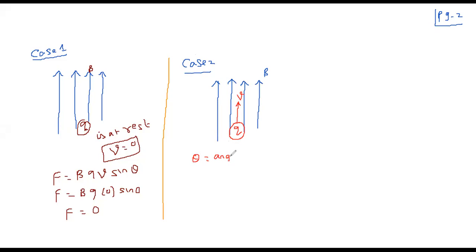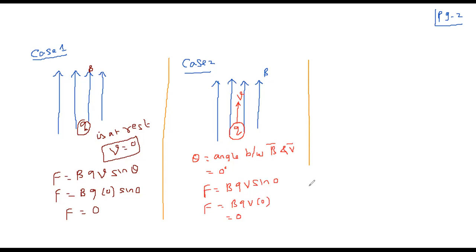Theta is the angle between the B vector and the V vector, which is 0 degrees. So F equals BQV sin 0. Sin 0 is 0, so F equals BQV into 0 equals 0. Even though the charge is moving along the magnetic field, it experiences no force.